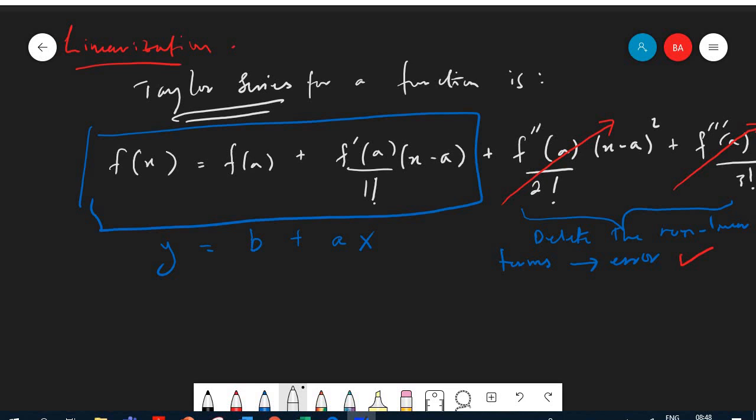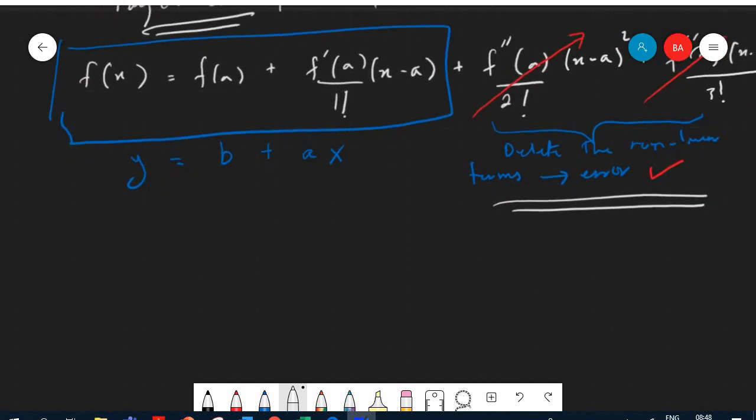This small error is not very important in applications, where we can get a very good indication of where the level is going, or how the temperature is changing, without being concerned about deleting the higher order nonlinear terms.